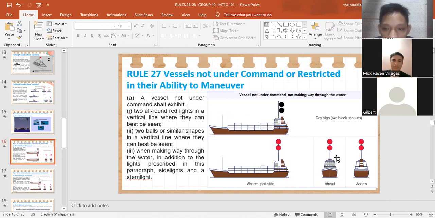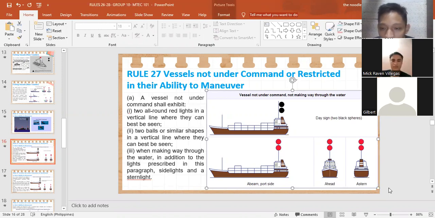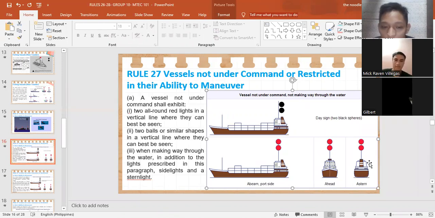Then if ahead, it is just the same, and then astern as well. So number 2, two balls or similar shapes in a vertical line where they can best be seen. So it's just the same. And number 3, when making way through the water, in addition, the lights prescribed in the paragraph, side lights and stern light. So just remember, if not making way, we don't have side lights or stern light. And if making way, we have stern light and side lights.